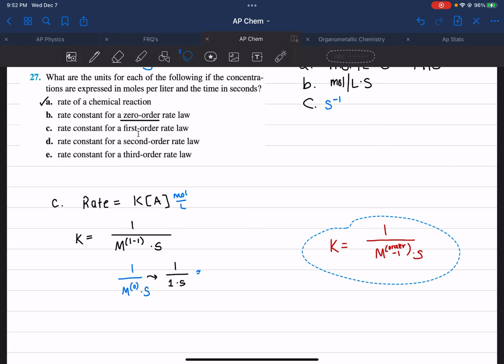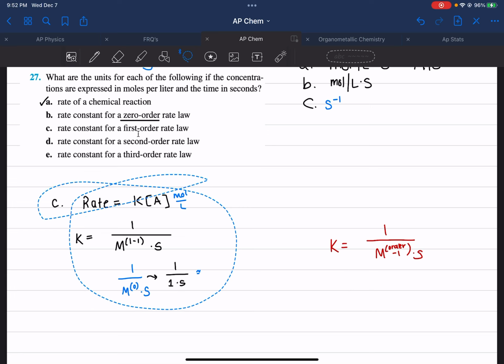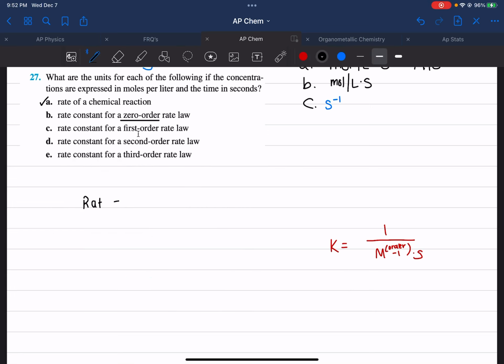Okay, now we are going to move to part D. Part D says the rate constant for a second order rate law. Once again, you can do the algebraic way, however you want, whatever makes you comfortable. A second order rate law is that the rate is equal to K times A to the second, right?